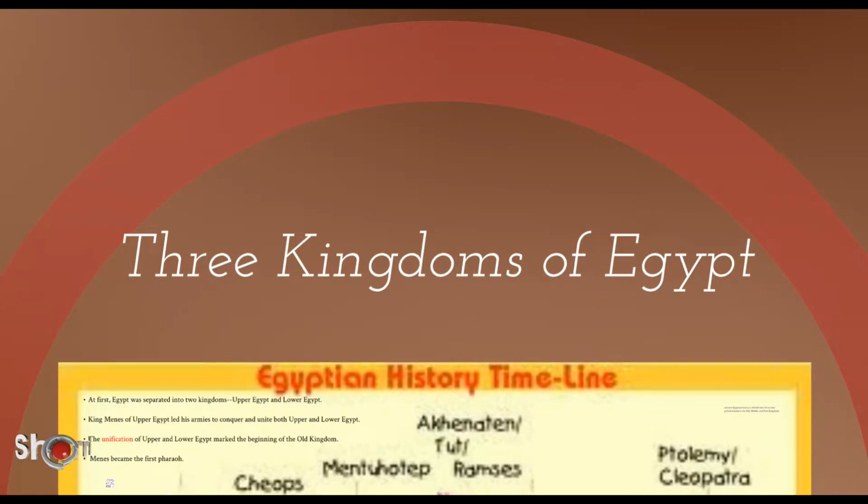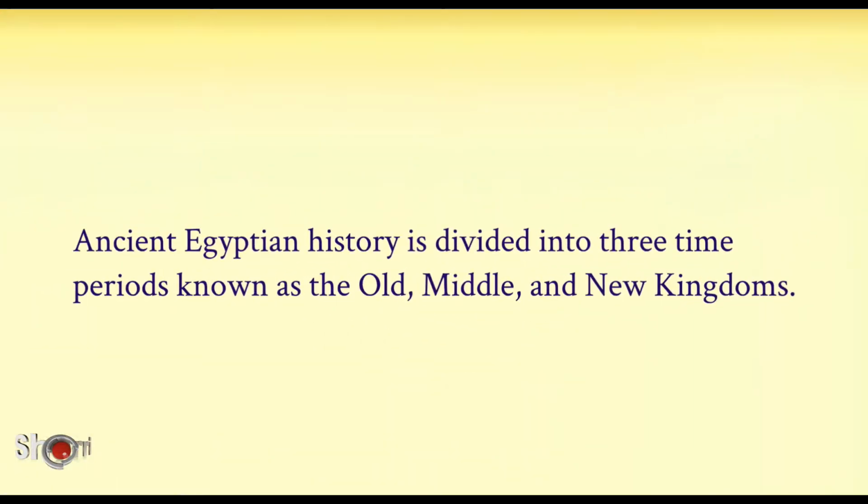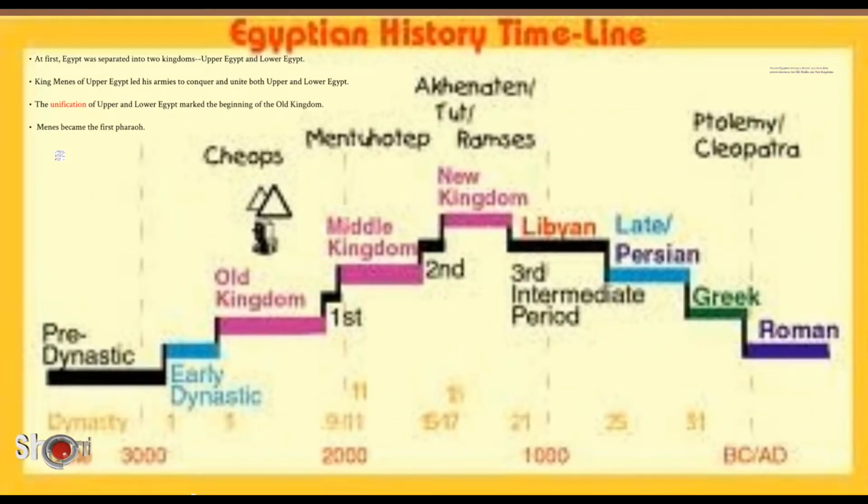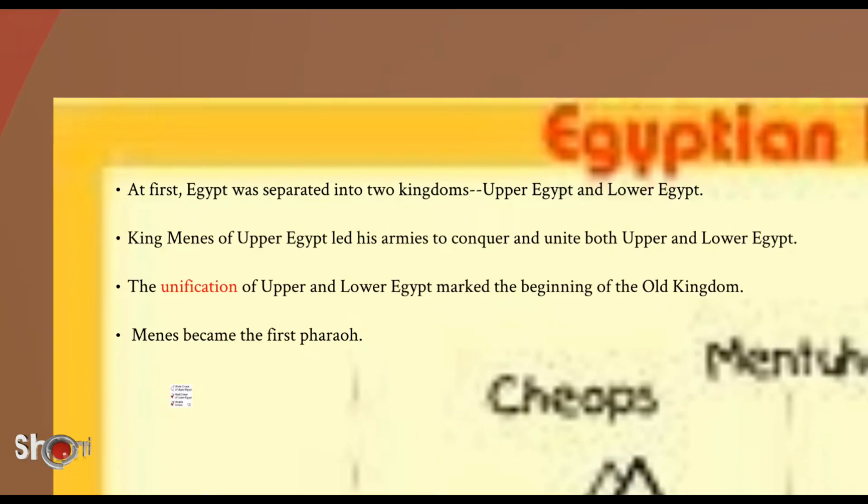Three Kingdoms of Egypt. Ancient Egyptian history is divided into three time periods known as the Old, Middle, and New Kingdoms. At first, Egypt was separated into two kingdoms, Upper Egypt and Lower Egypt.